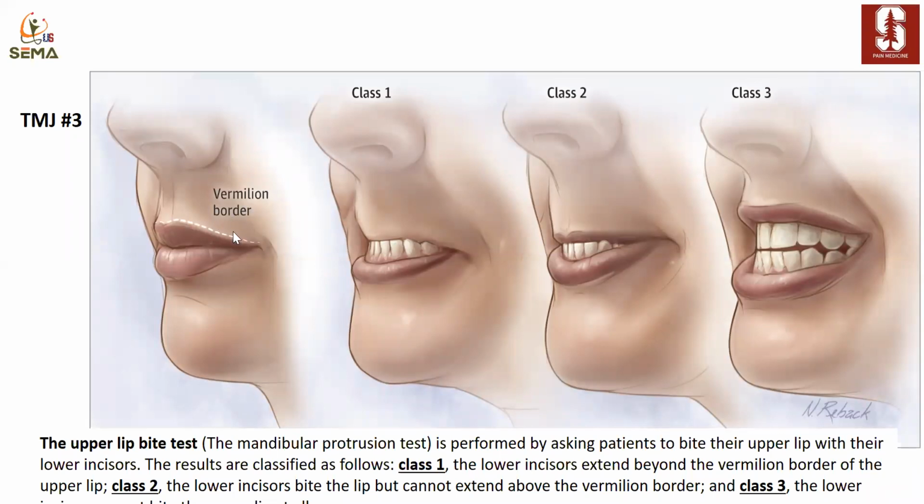You ask the patient to bite the upper lip, and you observe where the incisors reach. If the lower incisors, of course, reach beyond the vermilion border, then this is class 1. If they just touch the upper lip but don't reach the vermilion border, then that's class 2. And if they don't reach the upper lip, then this is class 3.